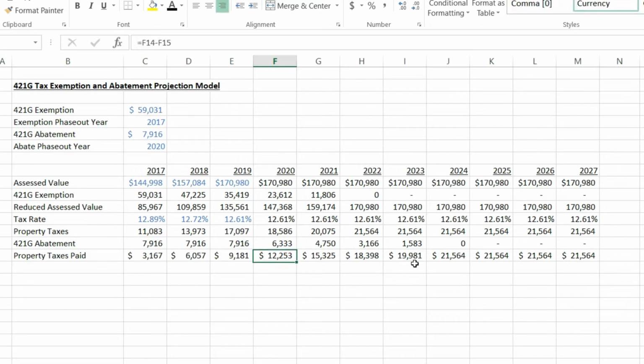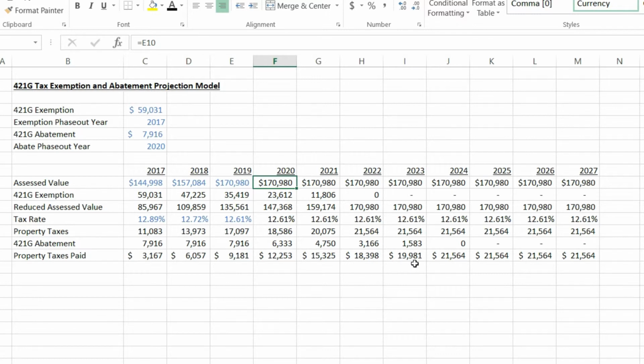And remember, this is for the sake of conservatism, assuming that assessed values do not increase in the future. As you can see here, that clearly was not the case, despite a soft property market in New York City and nationwide during this time period. Assessed values have actually increased. So as a property owner, you'll definitely want to engage a tax certiorari firm to dispute any increases in assessed values during the 421G tax incentive period.